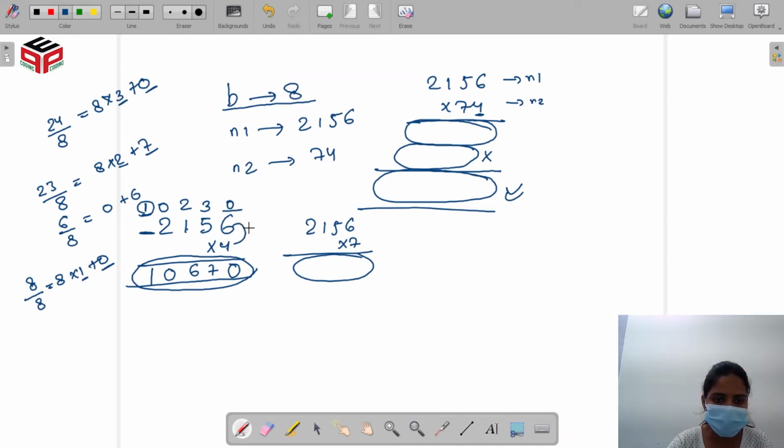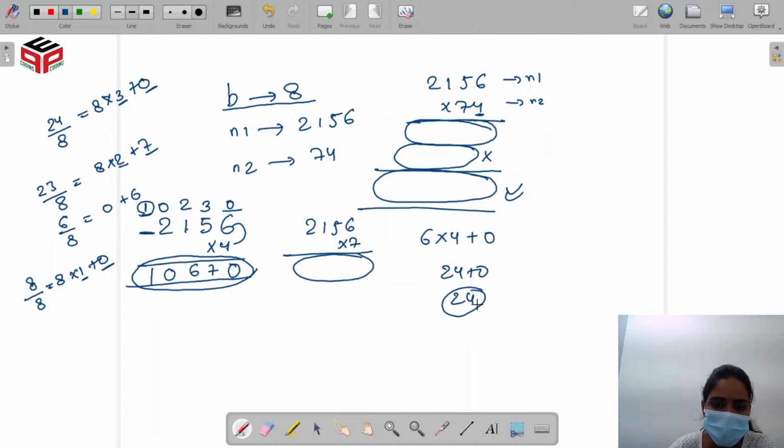After multiplying these two, I have to add my carry. But see, when I multiply 6 and 4 plus carry, that is 0, 4 6s are 24 plus 0 gives me 24. But this is not my answer digit. How do we get our answer digit? By this.